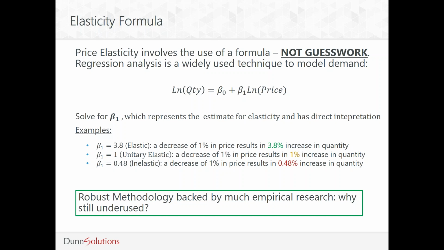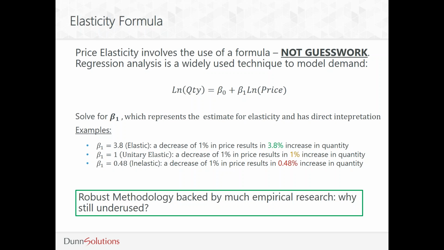And there are many software packages out there that will calculate that B1, and that B1 will be a number that is very easy to interpret because it represents how elastic your products are. So let me give you an example. If that number were 3.8, you would say my product is at this price point, my product is very elastic.